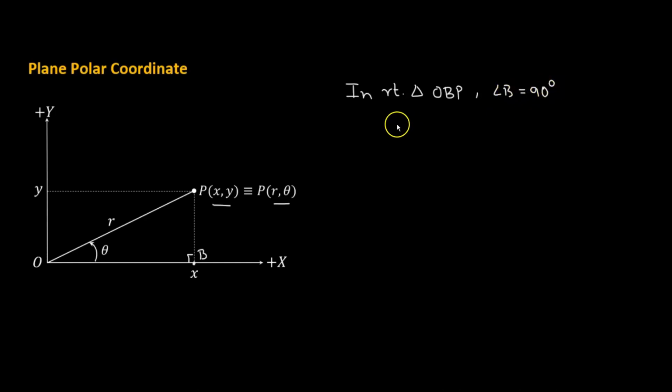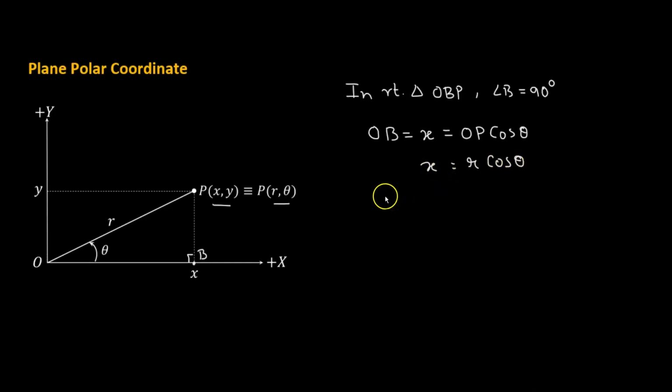So if we apply some basic trigonometry, then our OB, which is actually x, will be equal to OP times cosine theta, and our OP is the radius r, so we have r times cosine of theta. So this is how we can express x in terms of r and theta.